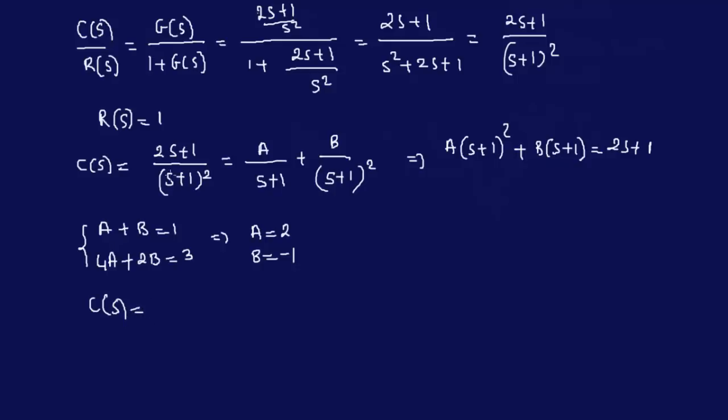Alright, so now we have C(s). Going back to the original, we have 2/(s + 1) − 1/(s + 1)². And now this is practically easy for finding the inverse Laplace transform for our system response in the time domain. You can go to your Laplace table, and this is pretty straightforward. 1/(s + 1) is e^(−t).